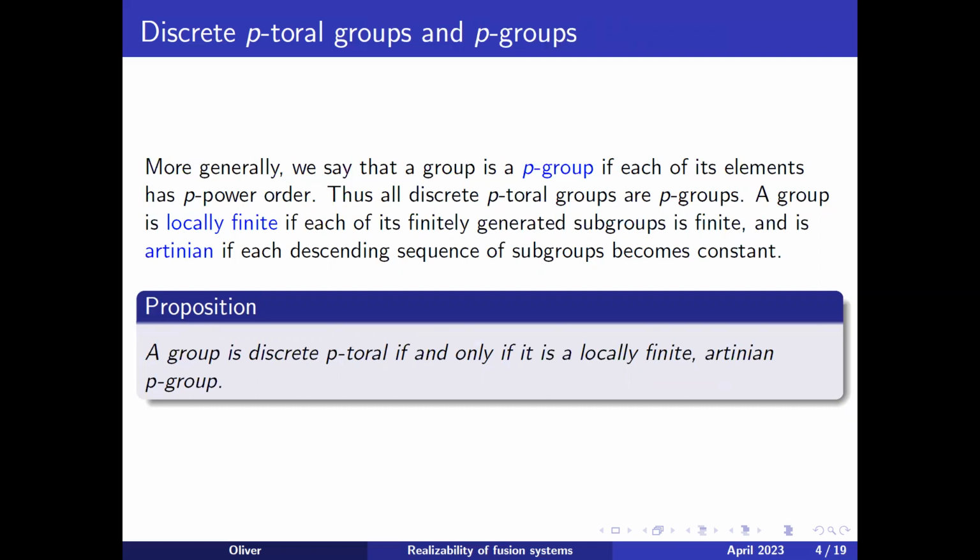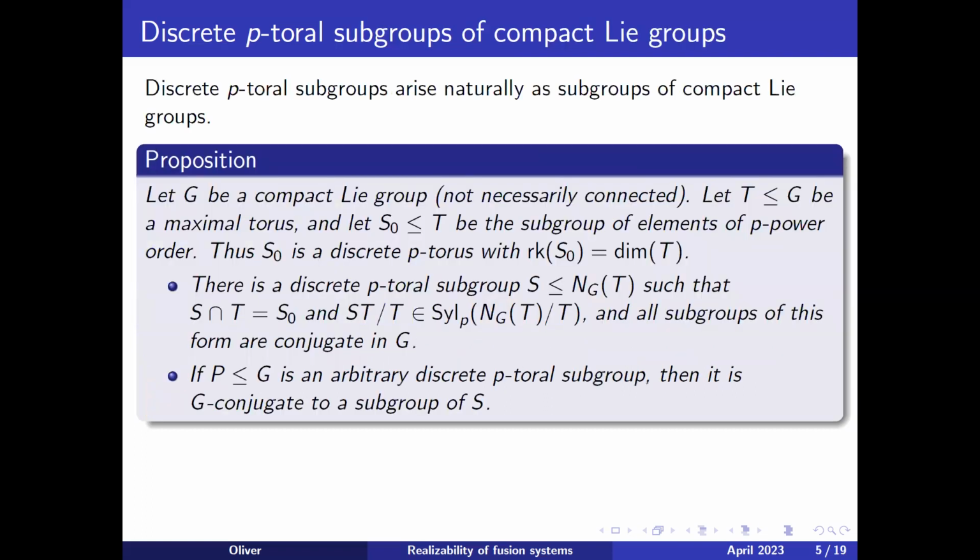Okay. So the next slide, this proposition more or less told us that it's probably not worth looking for a larger class of groups for what we want to do, constructing our fusion systems.